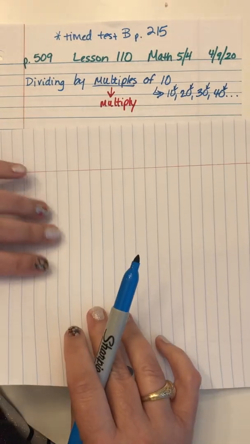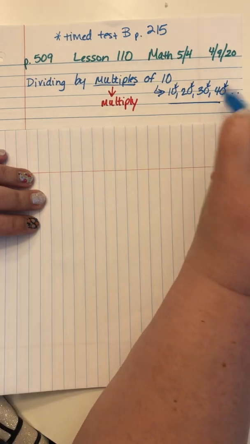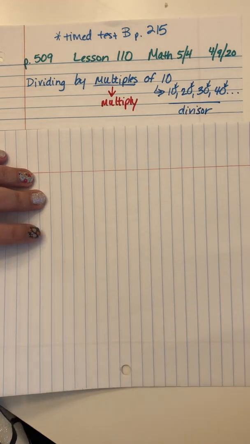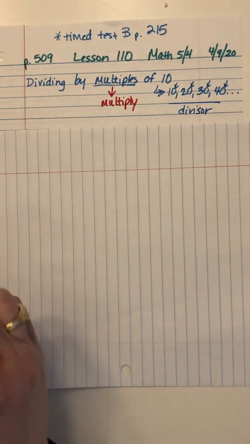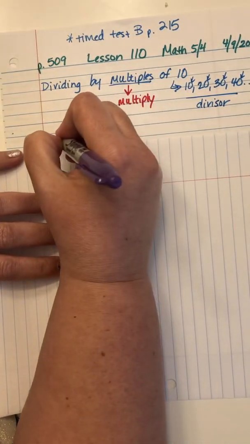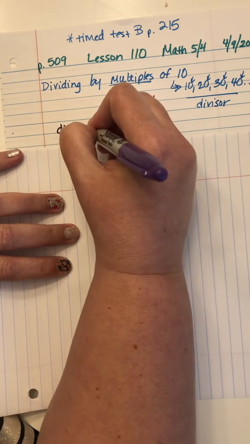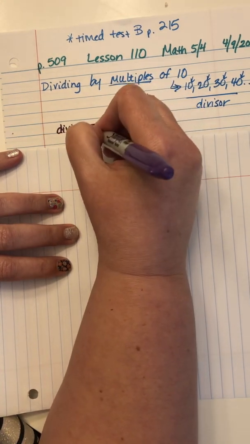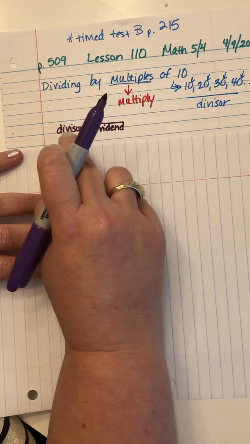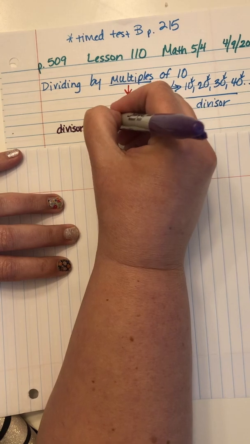So when we're going to divide by multiples of 10, that means these numbers are going to be your divisor. Let's review that term. When we set up our division problem, we have a divisor and we have a dividend. A dividend divided by a divisor gives us a quotient.